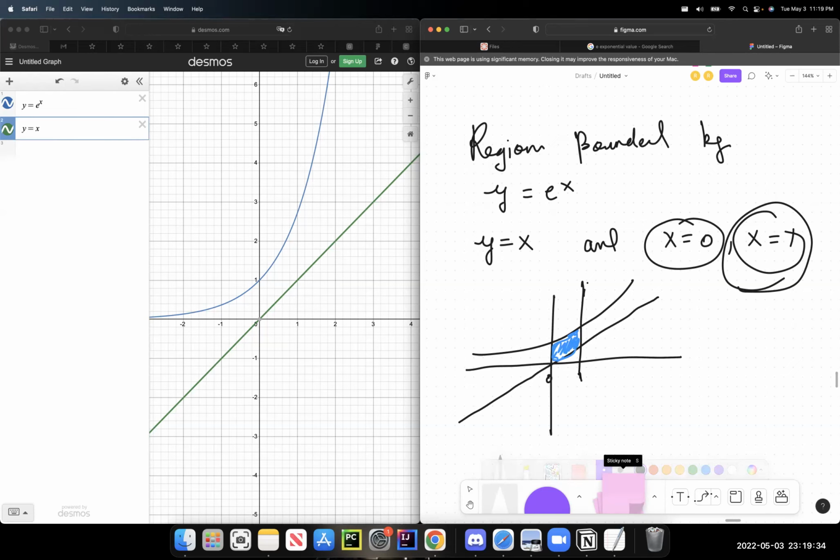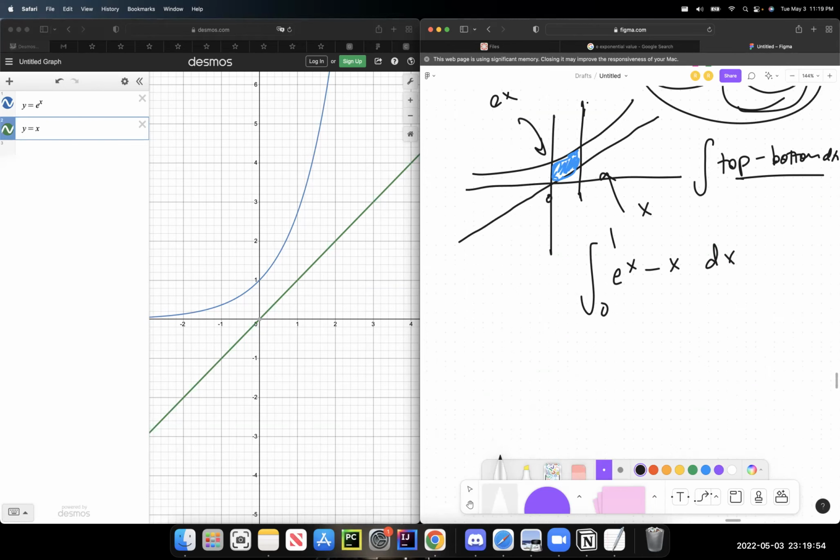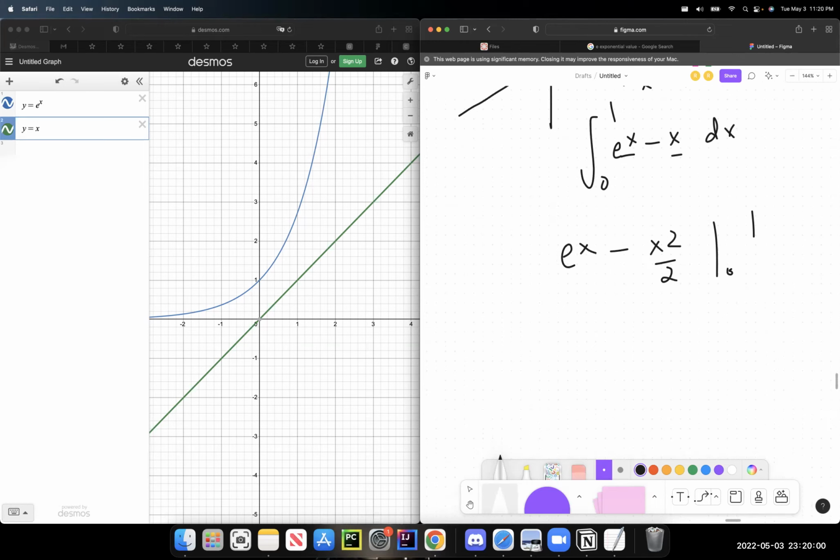In order to solve this problem, you just take the integral of the top minus the bottom. The top function is e^x and the bottom function is just x. So you take the integral of e^x minus x dx on the bounds that you were given, from 0 to 1. Then you can break this up: e^x minus x²/2 from 0 to 1.